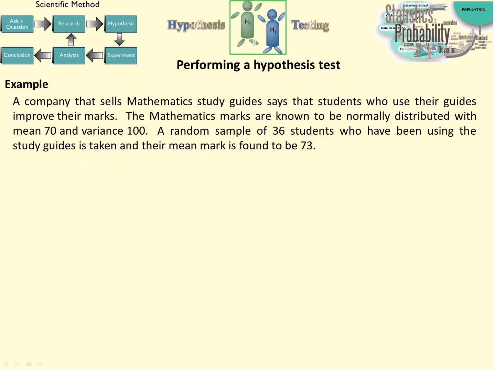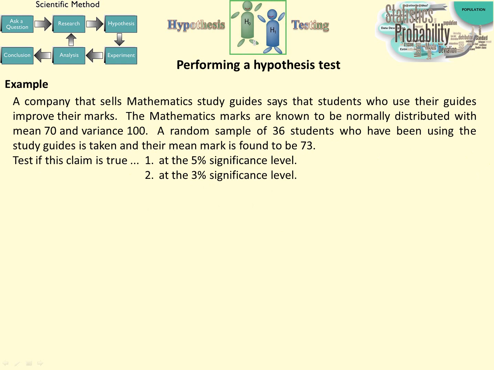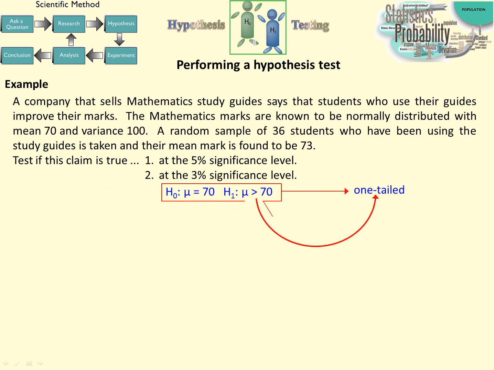I don't know. Well, it depends on the variance of the mean of the sample, you see. So let's test it at the 5% and the 3% significance level. It would be pretty obvious that because it's improved, we need mu greater than 70. And that means it's a one-tailed test.